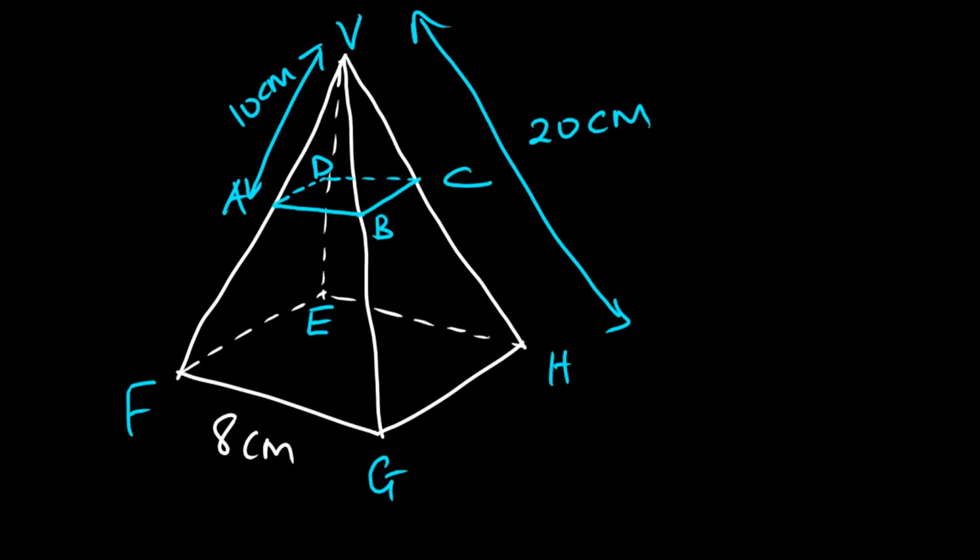I remember we have covered similarity and enlargement. I created a video where we learned about the linear scale factor, area scale factor, and volume scale factor, and all those.